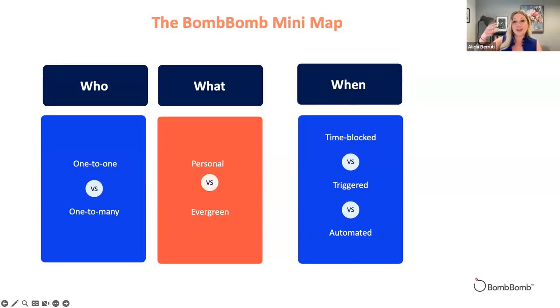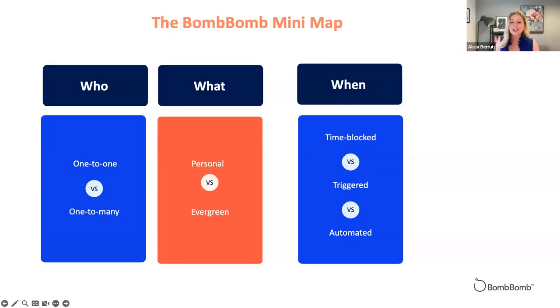Okay, so it's triggered by an event. Maybe it's triggered by a notification on your phone that someone just filled out a lead form. Okay, and so you're going to record a one-to-one personal video in that moment to introduce yourself to them.